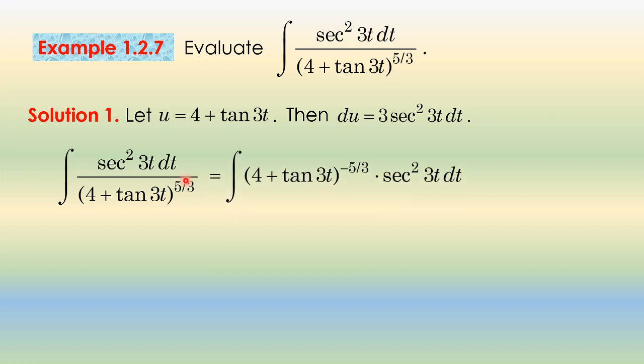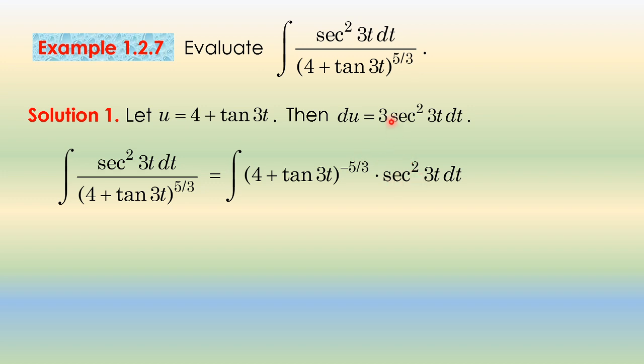So let's express it in the form of u to the n du. So we have 4 plus tangent 3t. When we bring this up to the numerator, it becomes the negative 5 over 3 exponent, and then this is the possible differential.